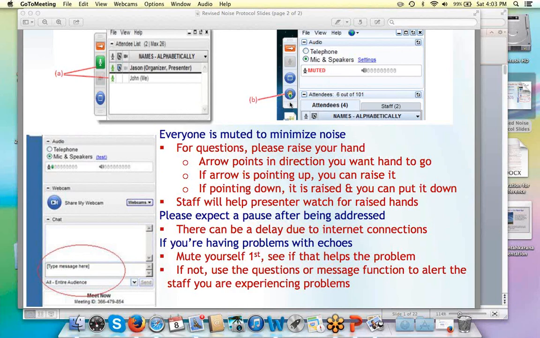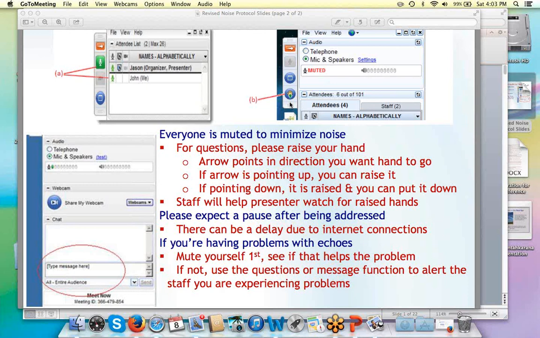Okay, and then we unmute you, and then all you have to do is speak. There can be a delay due to internet connections, and if and when we turn everybody on, in other words, we take the mute off, we ask everyone to self-mute themselves so that, again, we don't hear all the noise. And then you unmute yourself when you're ready to speak.